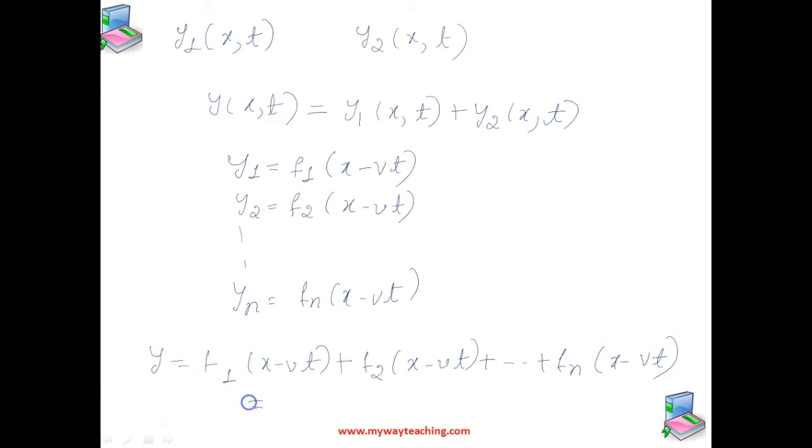We can represent it in the summation form: sigma i = 1 to n of fi(x - vt), isn't it? So the principle of superposition is basic to the phenomenon of interference.